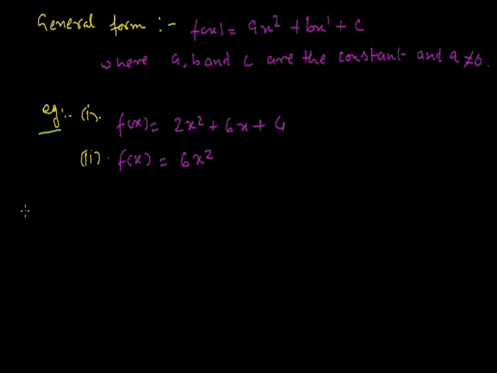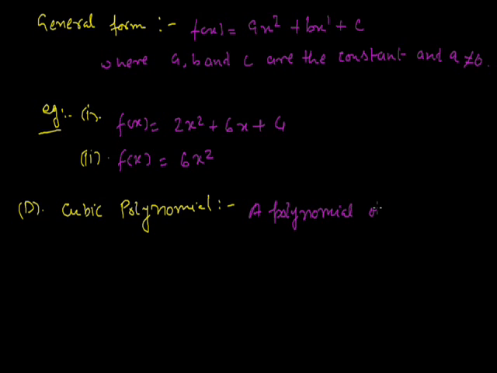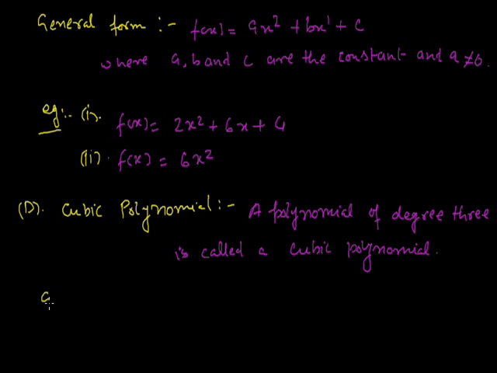Now discuss type 4, cubic polynomial. A polynomial of degree 3 is called a cubic polynomial.